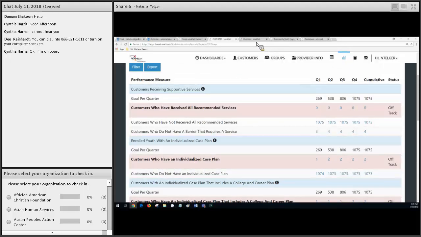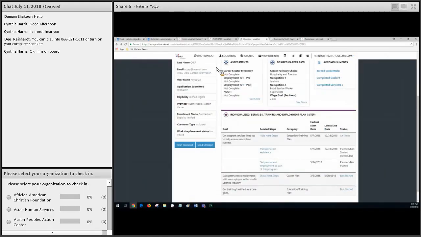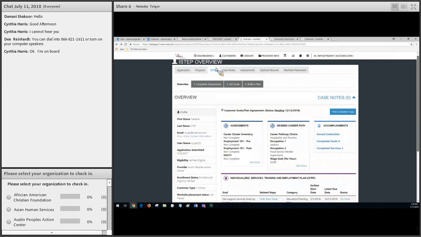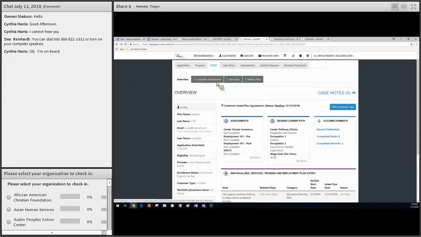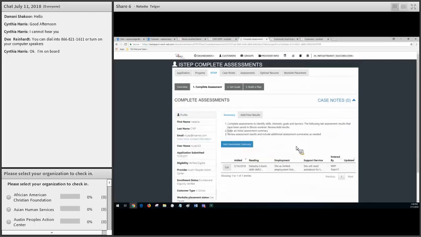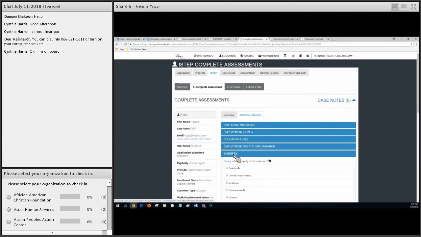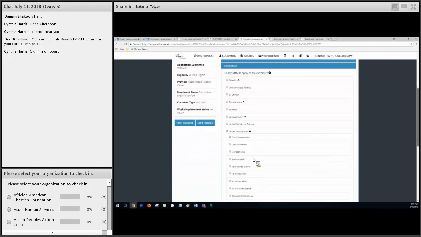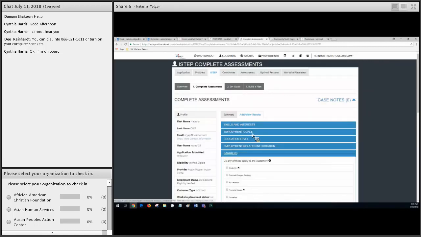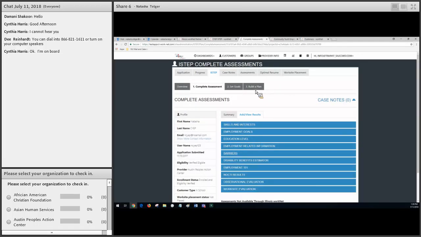So I think what we'll do is we'll flip these so the goal comes first and then you can see the recommended services. So in order to add a goal for one of your customers, you would go to the ISTEP tab. Again, you're going to review their different assessments, talk about the different barriers they may have, what their goals are, what they would like to do.